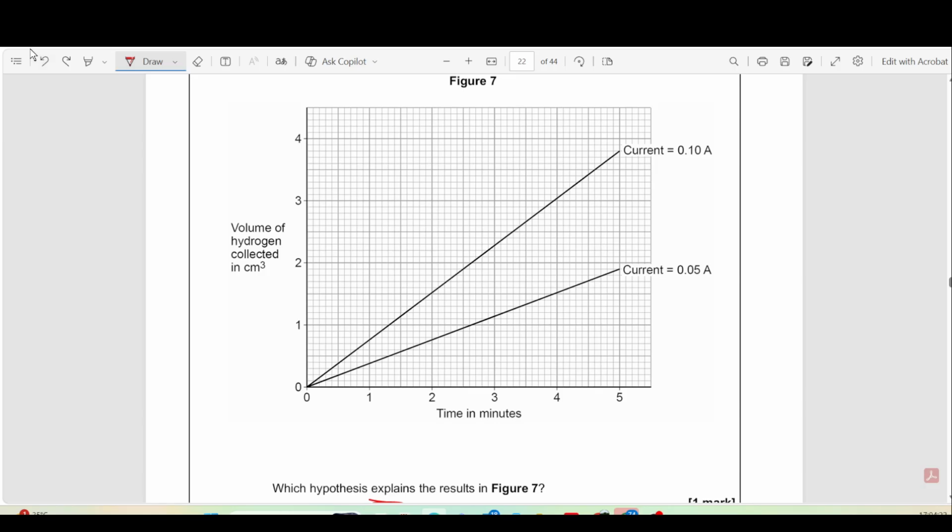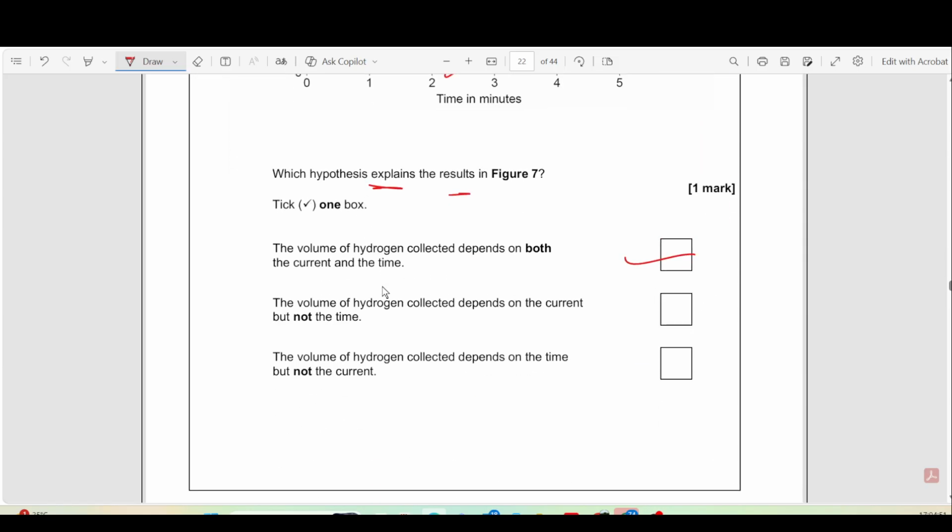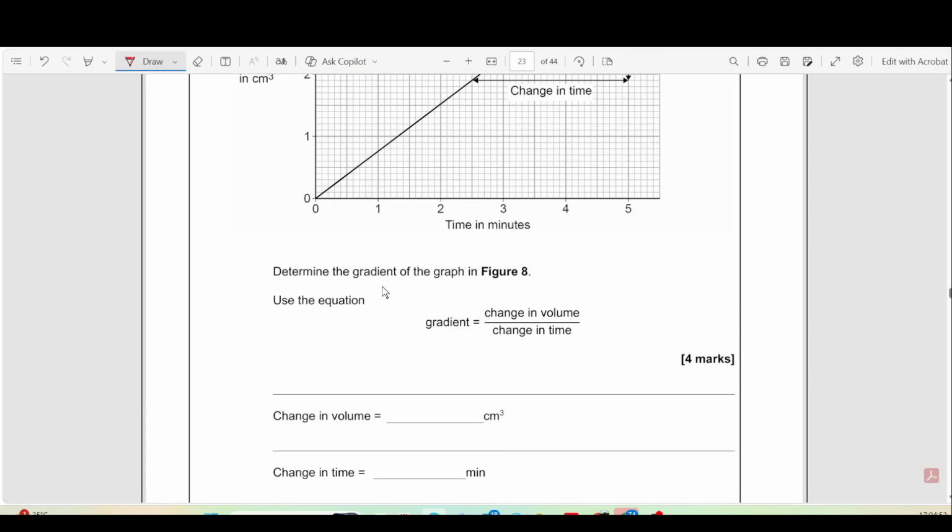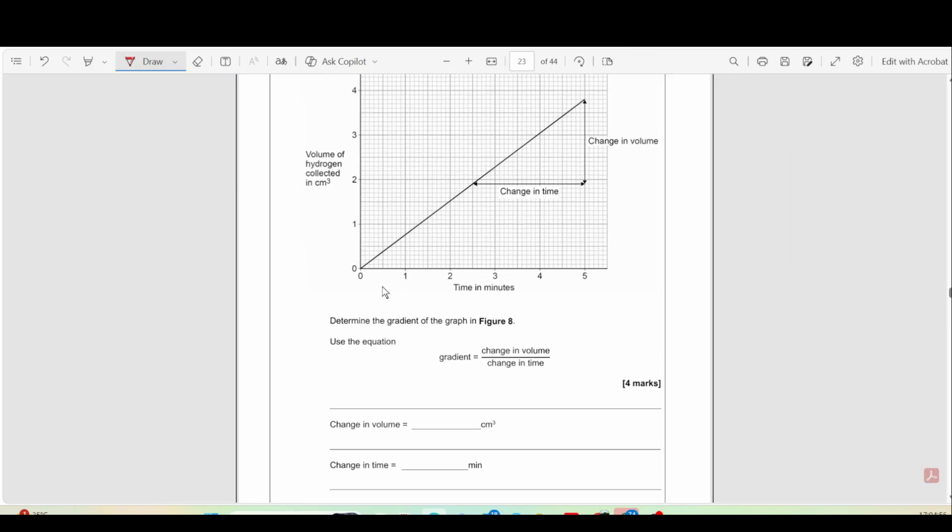At any specific point in time, the current is also changing, so it depends on current and time. At different currents we got different graphs. So this is the correct option. Let's see the next question.